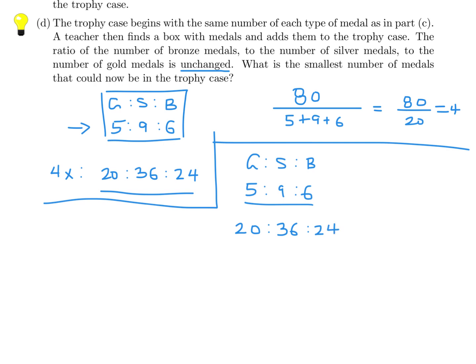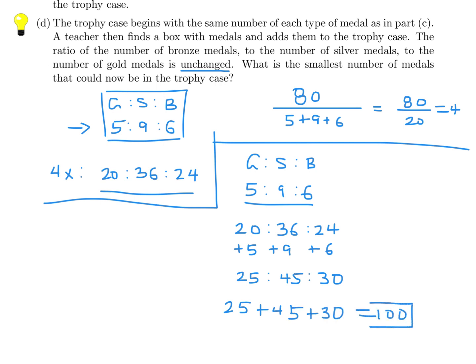And if I just add 5 here and 9 here and 6 here, the ratio will be maintained. So this is 25, and this is 45, and this is 30. And then they're just asking what's the total. So 25 plus 45 plus 30, and I believe that's 100. So that's basically all this question is getting at.